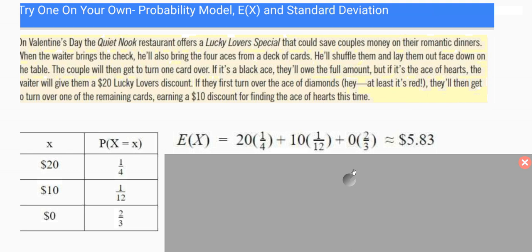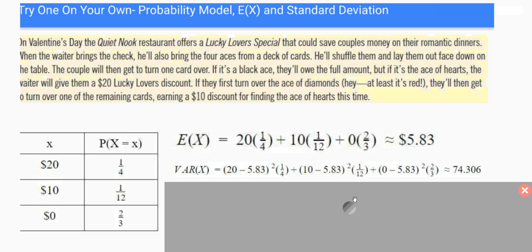The standard deviation is a little more involved, or the variance rather, the variance first. So we're going to really expand what we have here. It's really not that complex to write out. It's almost the same thing, except we say 20 minus 5.83 squared times 1/4, plus 10 minus 5.83 squared times 1/12, and so on and so forth.